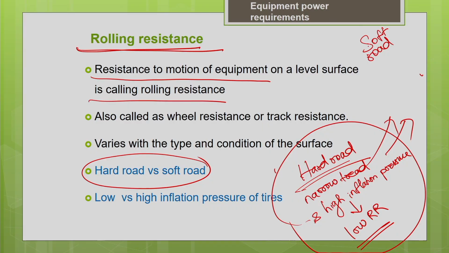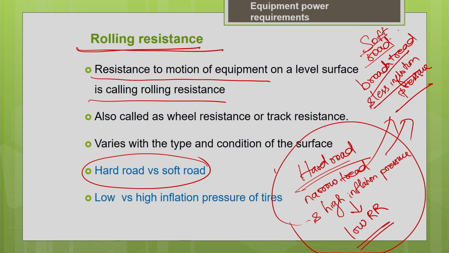So, that is why on the soft road you should have a broader tread, I mean wider tires, and you should go for less inflation pressure. This will give you low rolling resistance on the soft road.